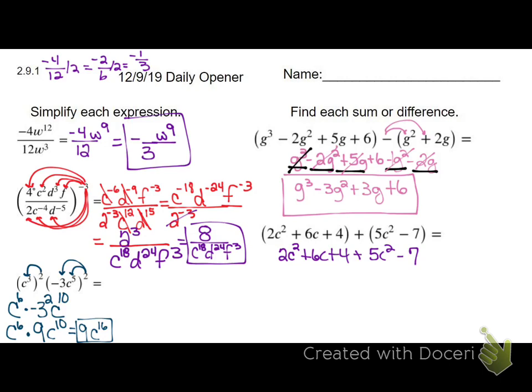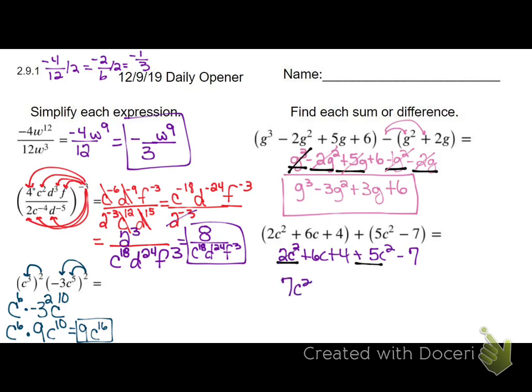What's my like term? 2c to the second power and 5c to the second power. Almost. You just left something off. What kind of 5c is that to the second power? A positive. And what does that equal? 7c to the second power.